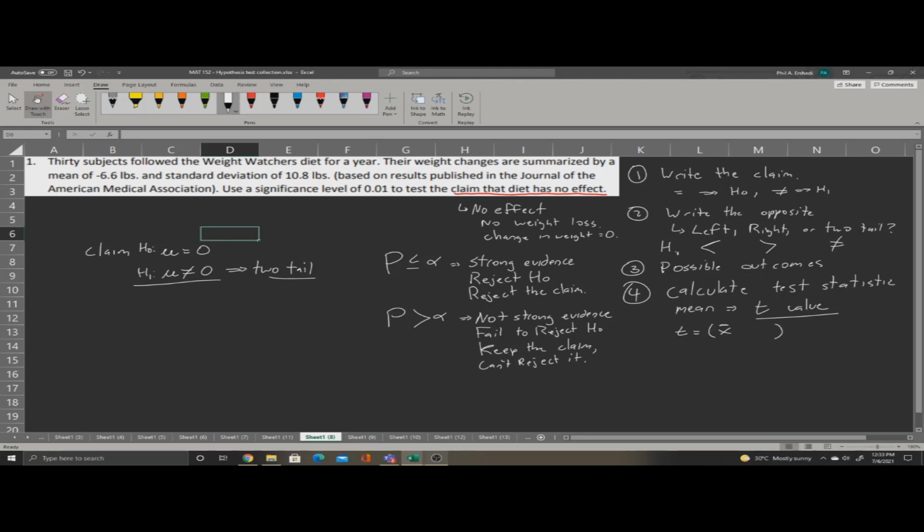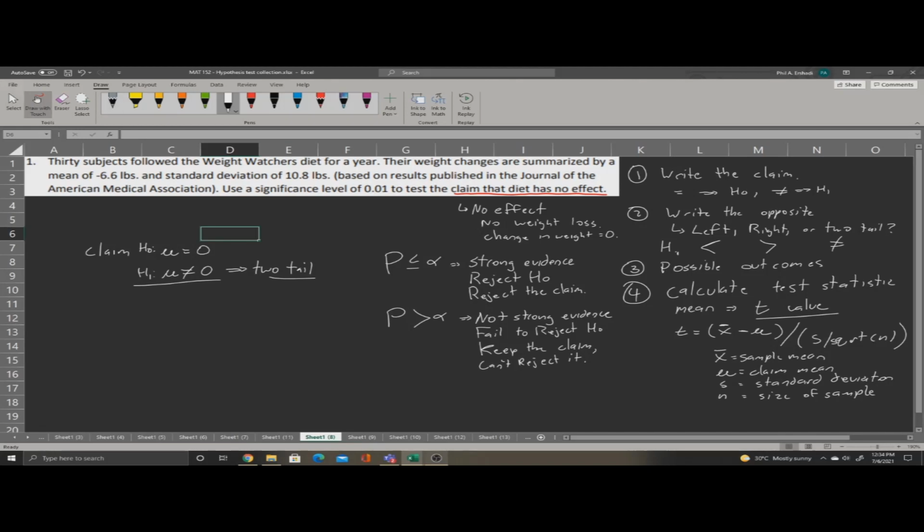We take x bar minus mu divided by s divided by square root of n, where x bar is our sample mean, but mu is our claim mean. s will be our standard deviation, and n is the size of the sample.